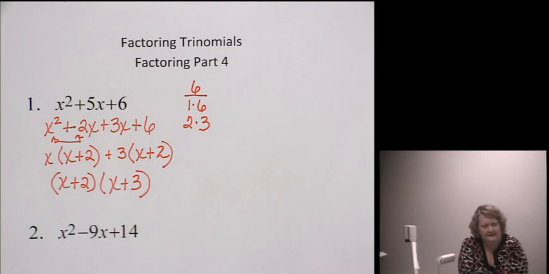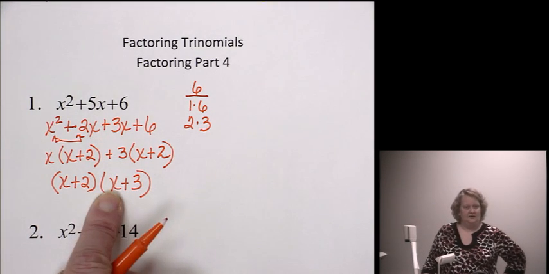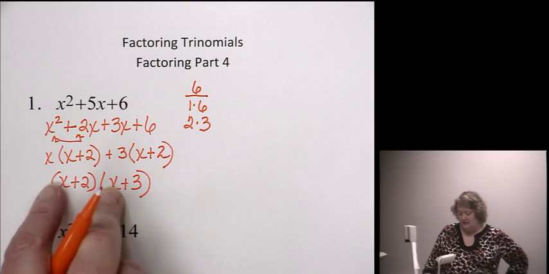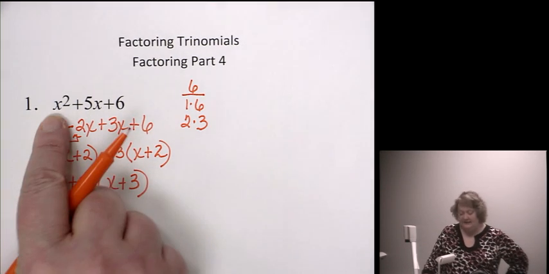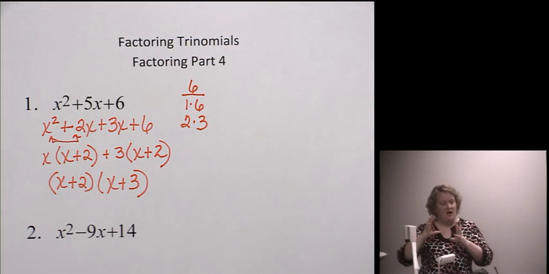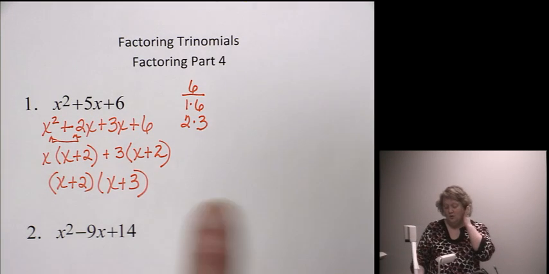We don't really have to go through this process because, since it's an x squared, we'll always just get x and x here, because when we multiply our first terms, that's how we get our x squared. There's no other number there because it's not the complicated ones with the 2x squared, where sometimes it divides up and does some strange things.